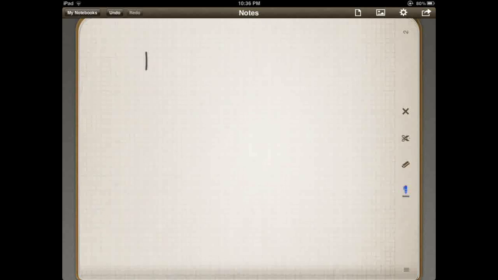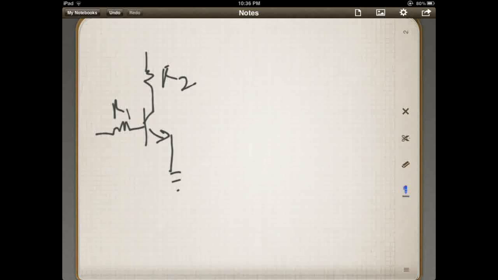So what we're going to look at is a simple NPN transistor model here. I'm going to show you why this resistor's here in just a minute. Call this R2. Say this is 5 volts. So this is basically our typical low side switch. This is an NPN BJT.